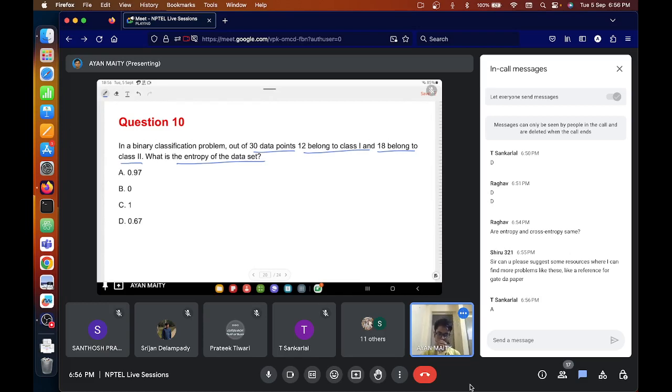Sankalal is saying option A. Okay. Has anyone else computed the answer for question 10?